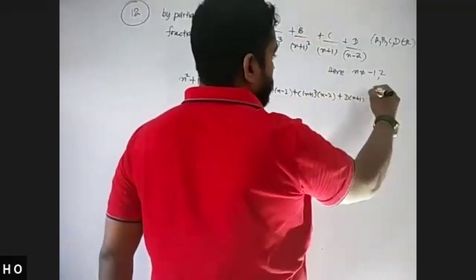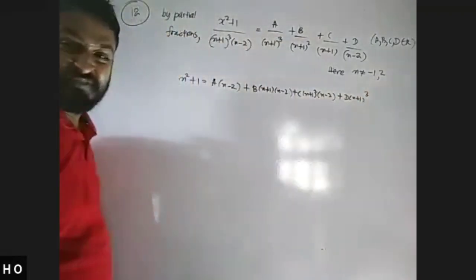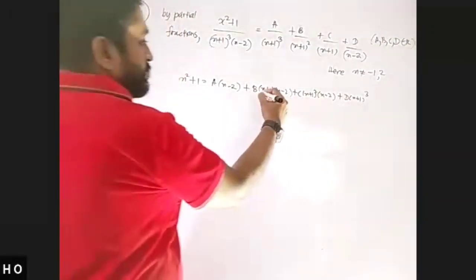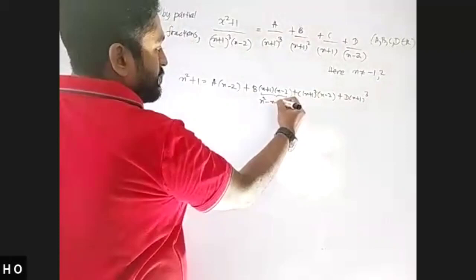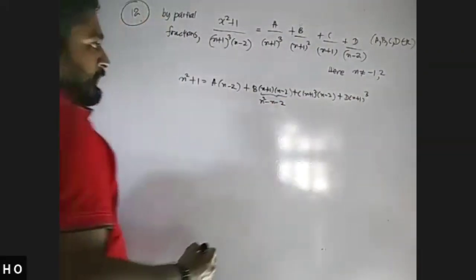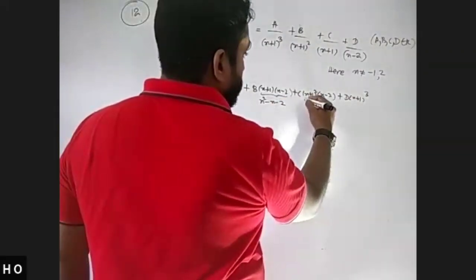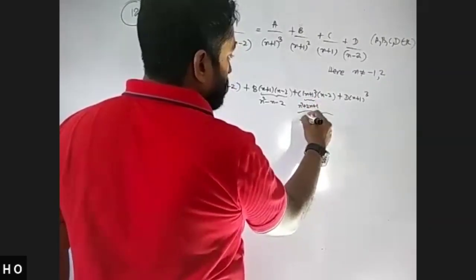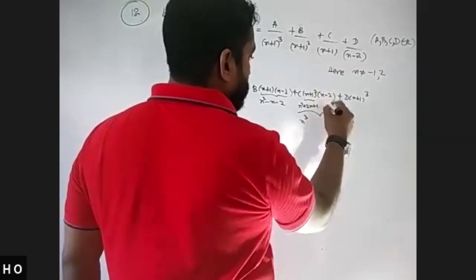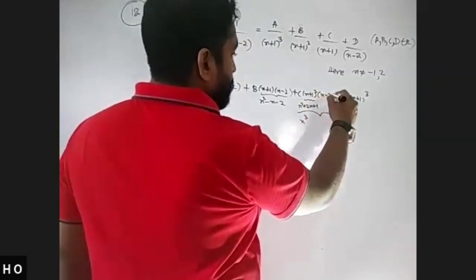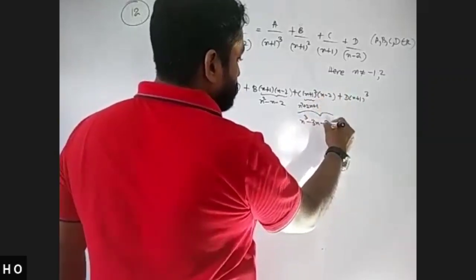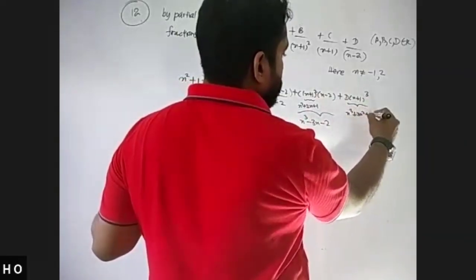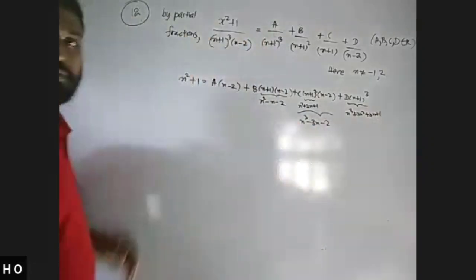In the next step, I'm going to arrange everything in descending order of powers of x. So it's better to write this down this way. (x squared minus x minus 2), here it is x squared plus 2x plus 1 altogether. X cubed minus 2x squared plus 2x squared, then minus 4x plus 6 minus 3x minus 2. What about this? X cubed plus 3x squared plus 3x plus 1.